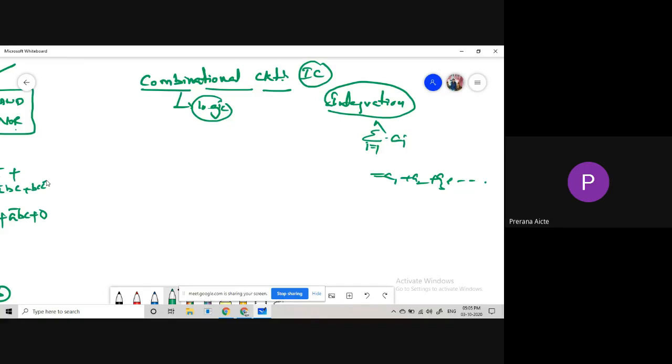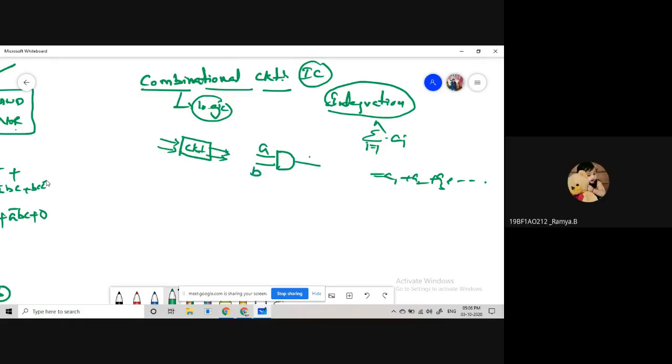The definition of combinational circuit: if I take one network, whenever we give the inputs, then only we find the output, right? For example, if I take one AND gate, the inputs are A and B. What is the output of this AND gate?